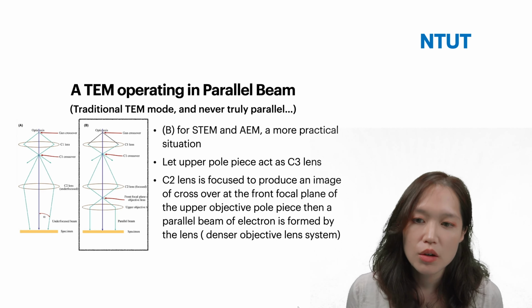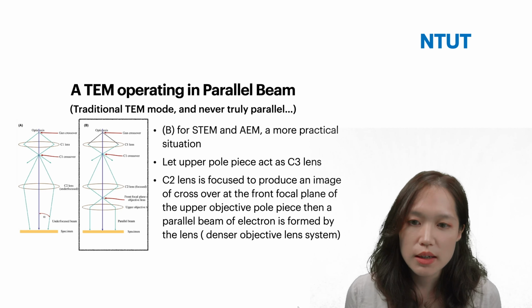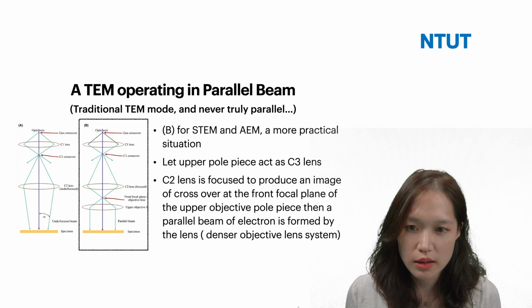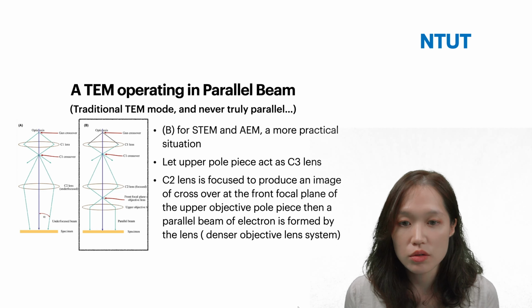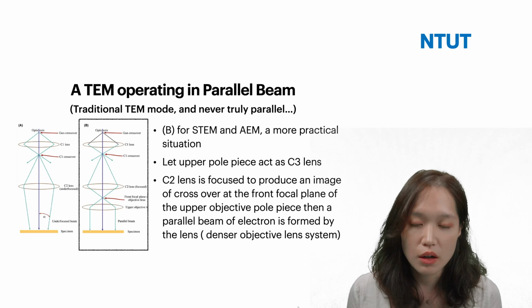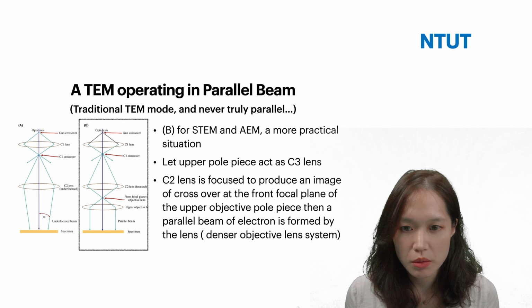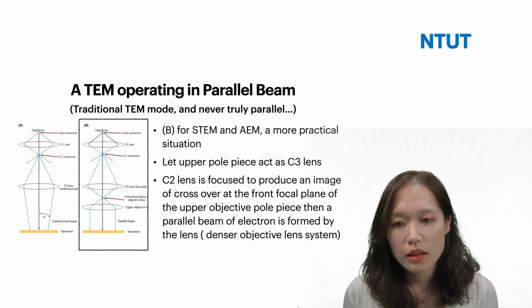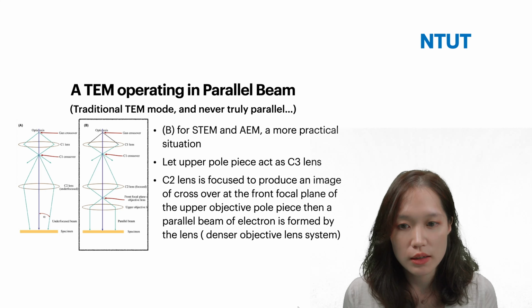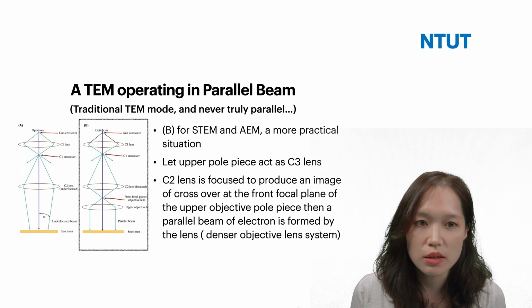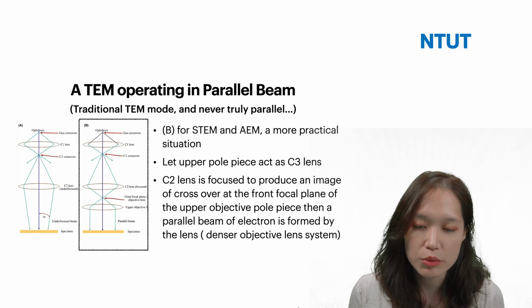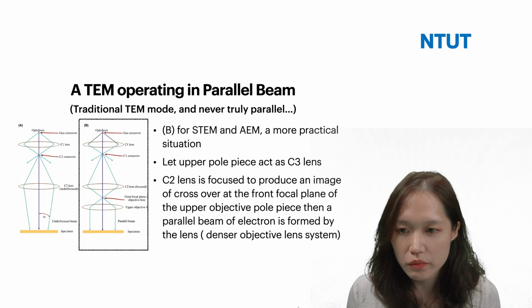How to do that is that the C2 lens is focused to produce an image of the crossover at the front focal plane of the upper objective pole piece, and then we get a parallel beam of electrons formed off the lens. So this whole system is called a condenser objective lens system.